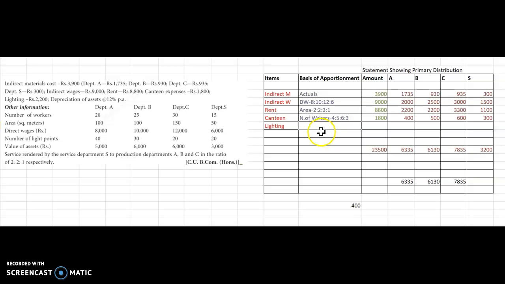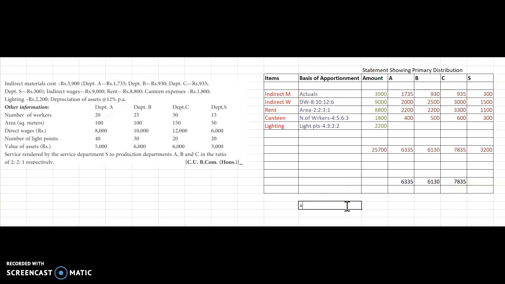So this will be on the basis of light points. Again, I'll just put it in short, and for this we can put it as 4 is to 3 is to 2 is to 2. So that is 4 and 4, 8, and 11. 11, and that's 2200. Great. So that will also coincide.